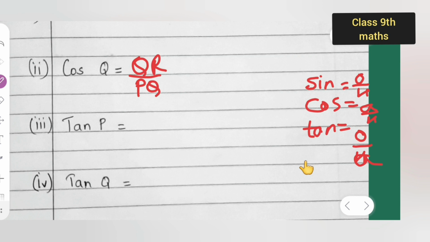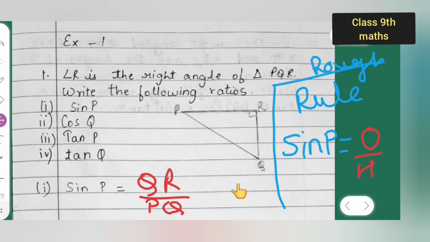Next let us see what tan P is. The tan formula is opposite upon adjacent. Opposite of P is nothing but QR.